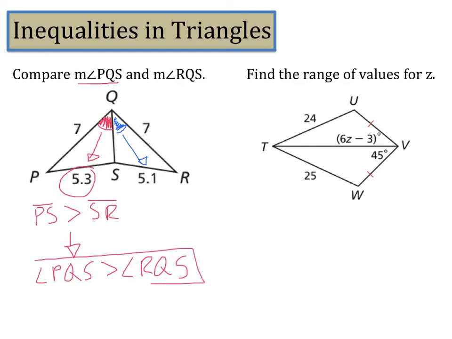And that's all we want to determine here. We want to look at the opposite side lengths and determine which angle is bigger. Now we can only do that if these two sides are congruent, and this side is congruent. So that's how we compare them.